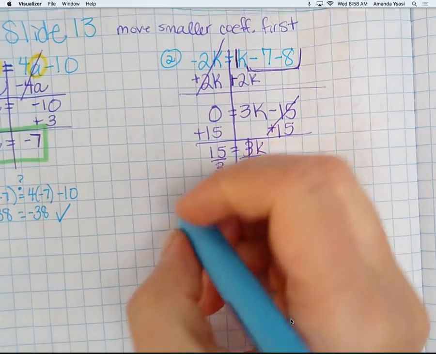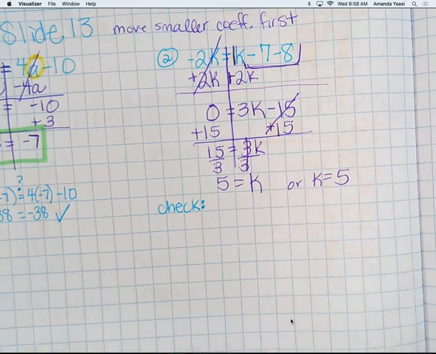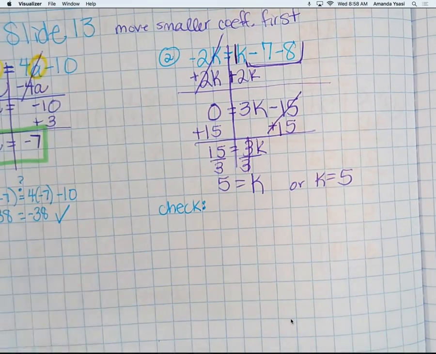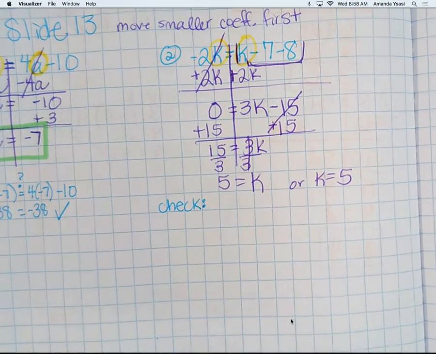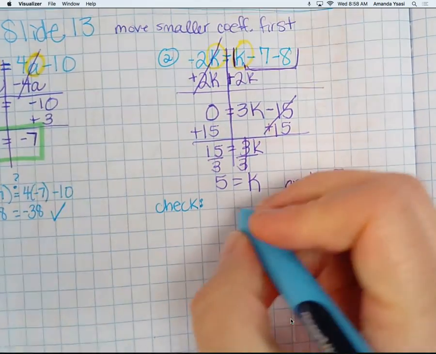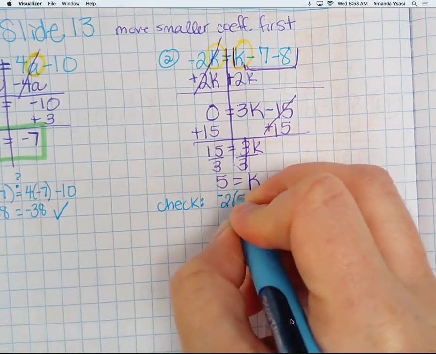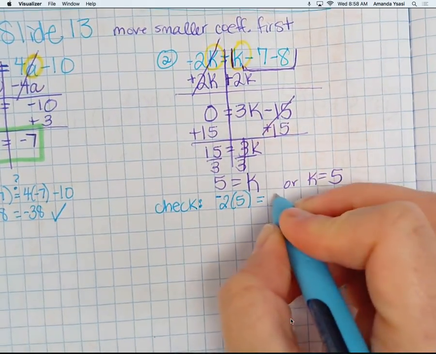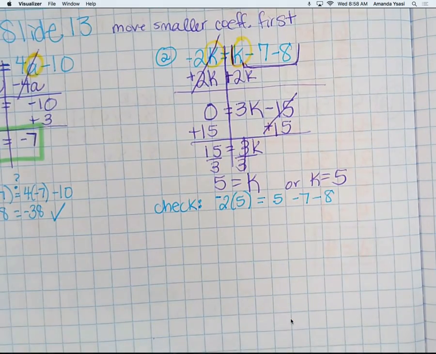And we still need to check. So check. Every time I see the k, I'm going to plug in the 5. So this would be -2 times 5 equals 5 minus 7 minus 8.